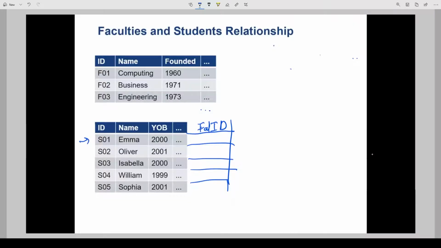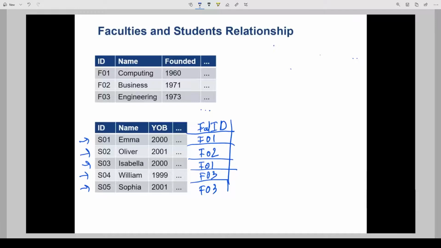Emma studies computing, so F01. Oliver studies business, F02, Isabel computing, F01, Williams engineering, F03. Looks good, right? So we can store the relationship in here, and the solution looks like the simplest.